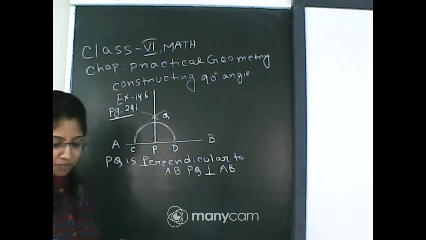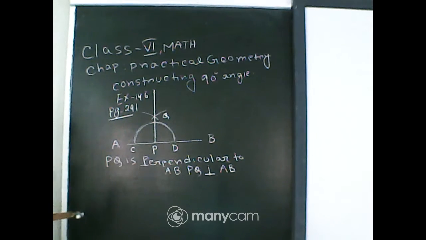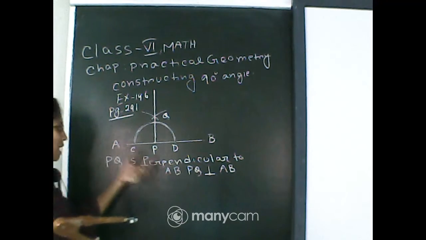We have already constructed a right angle, so now we bisect it.